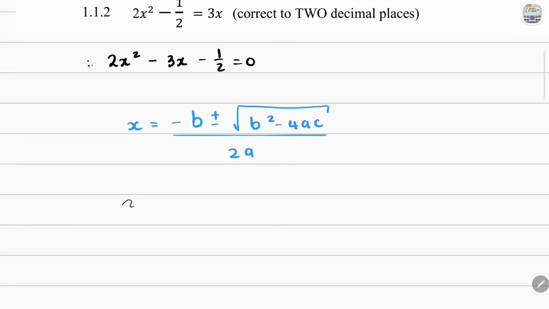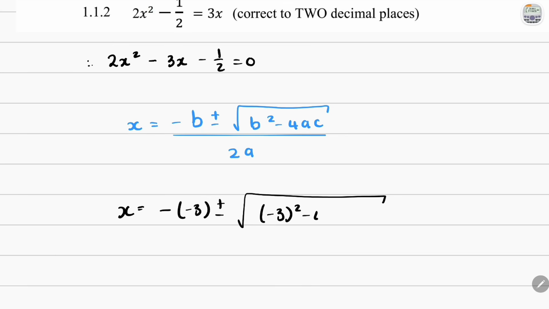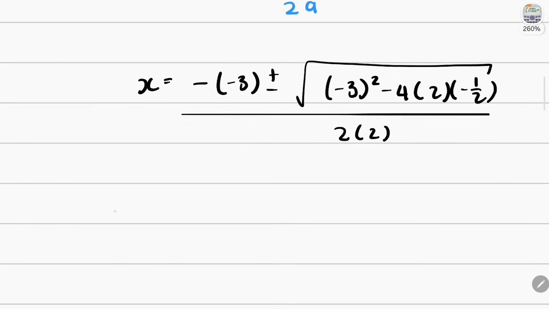So x is equal to negative b, which is negative 3, so negative 3 plus minus the square root of negative 3 all squared minus 4, and then a is 2, and c, we can see, is negative 1 over 2, all over 2a, which is 2. Let's find out what the first value is when we use the plus.